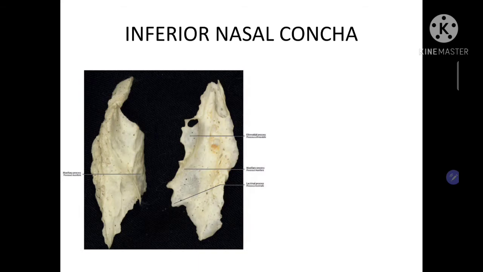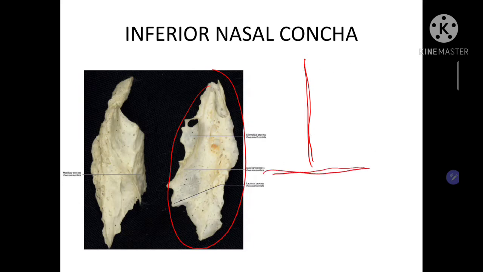The inferior turbinate, as you can see here, is an isolated bone. If we see here in coronal view, we're going to have the nasal septum in the middle. Remember, the inferior wall, we said this is the palatine process of the maxillary bone.